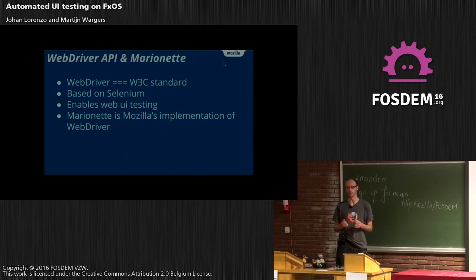And since Firefox OS is based on HTML5 and CSS and JavaScript, all the apps are basically HTML pages. We from Mozilla thought we could use a Selenium-based API for that, and that has become Marionette.